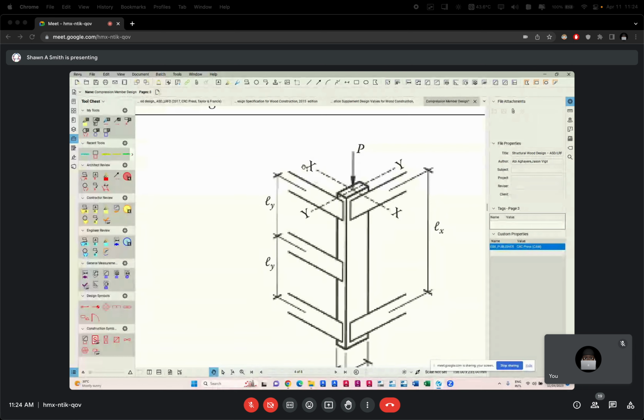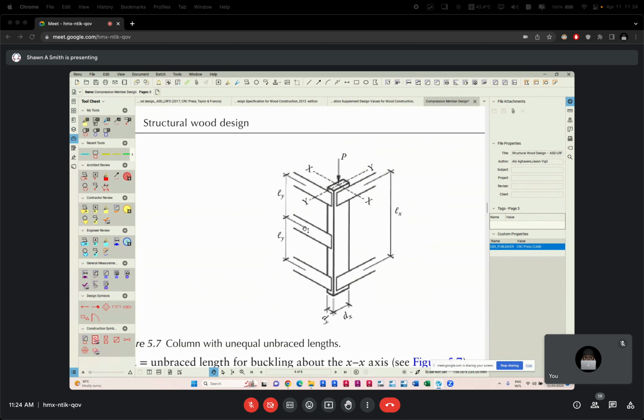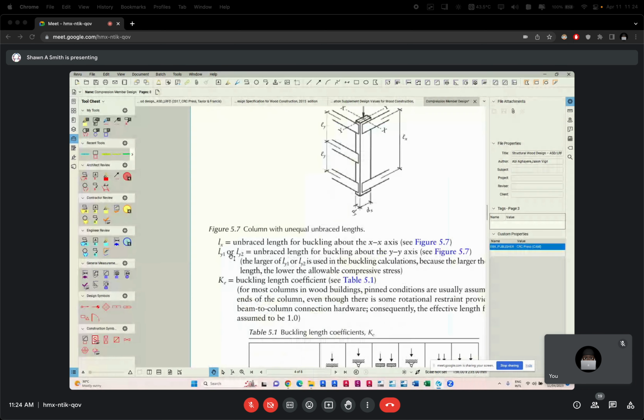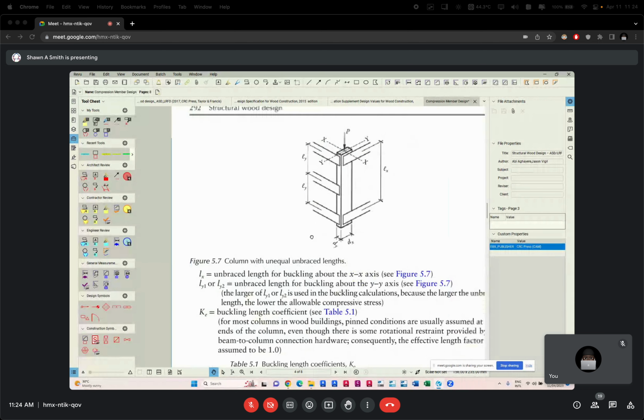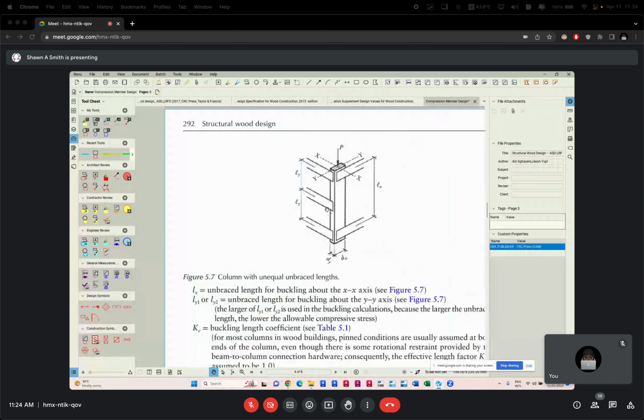Even though this brace is parallel to the x-axis, it does not mean it is bracing the column from bending in the x-axis. It's bracing it from bending in the y-axis, because bending in the y-axis will take place like this, not like this. All right, and that is why we have Ly as Ly1 and Ly2, because it is braced in Ly.